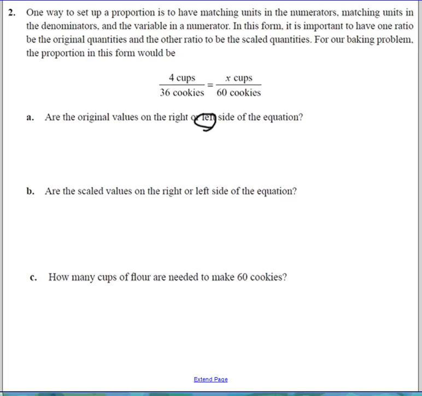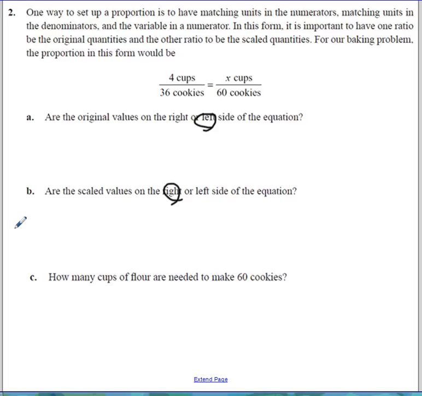Therefore, the scaled values, or how we're changing that recipe, are going to be on the right side for this example. It's asking us how many cups of flour are needed to make the cookies.